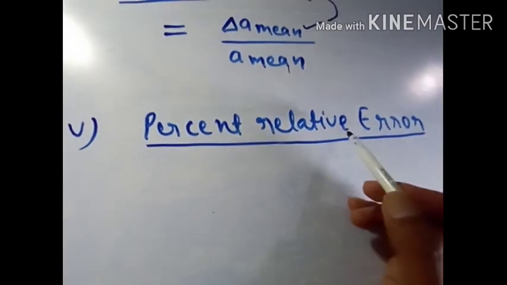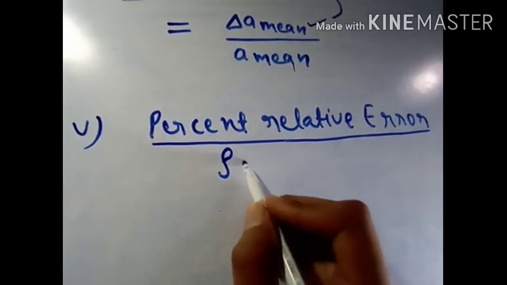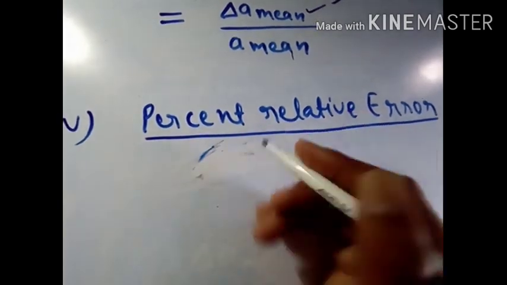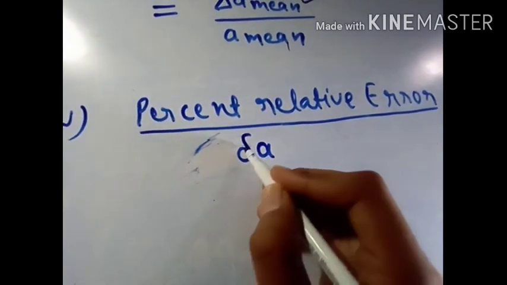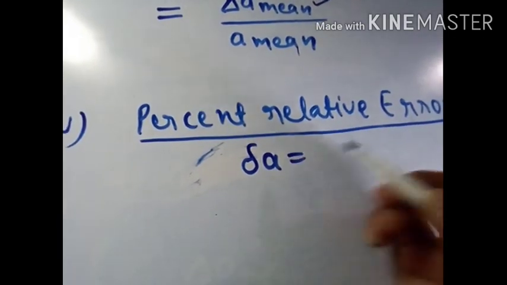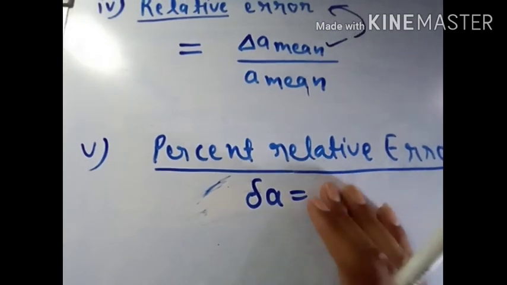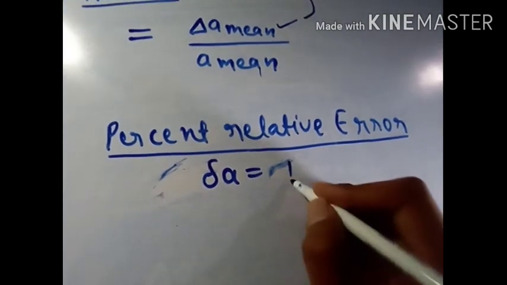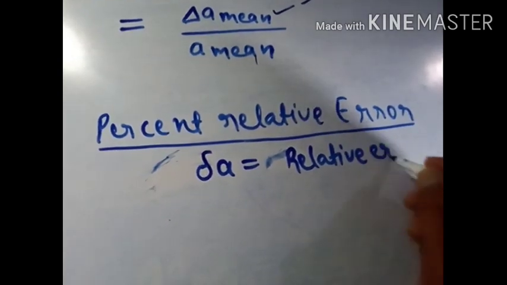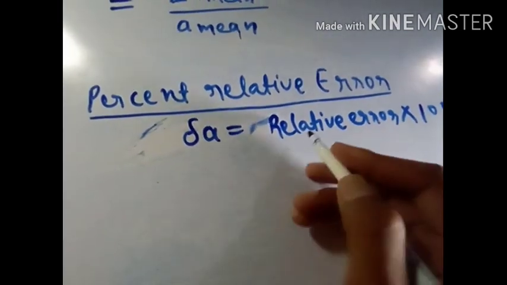Percentage error is denoted by a small letter delta A. So let's write its formula. When you multiply the relative error by 100, relative error into 100, this gives you the percentage error.